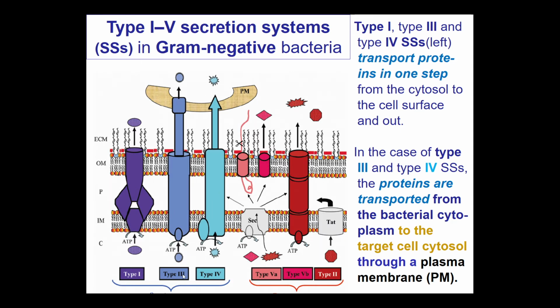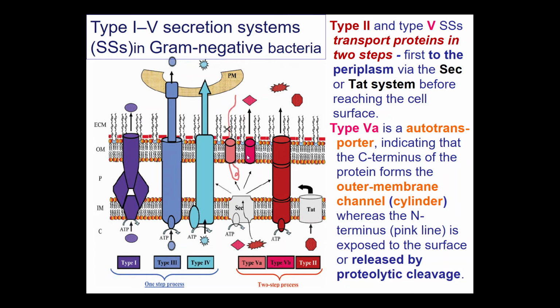It means secretory systems type 3 and 4 directly transport toxin from the pathogenic bacteria to the target cell. With this plasma membrane shown, it demonstrates that type 3 and 4 secretory systems look like molecular syringes that inject proteins directly into the cytoplasm of the target cells.